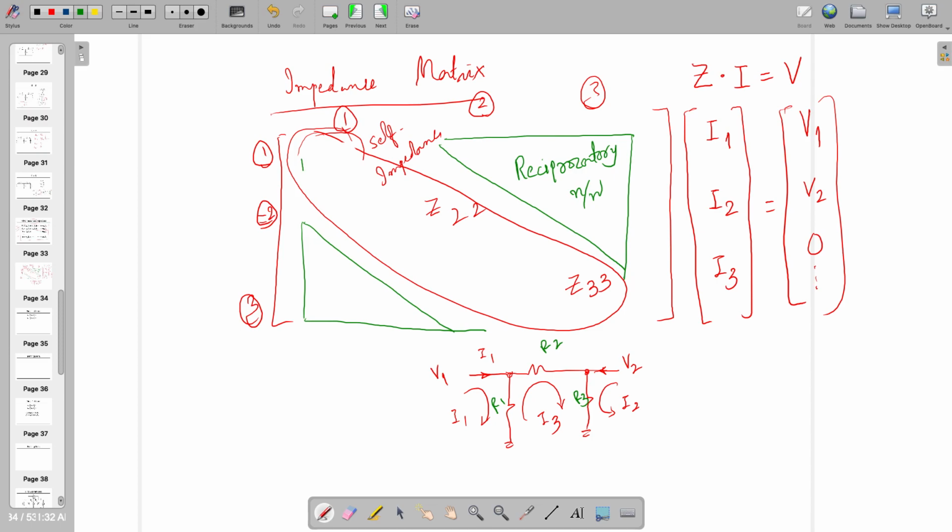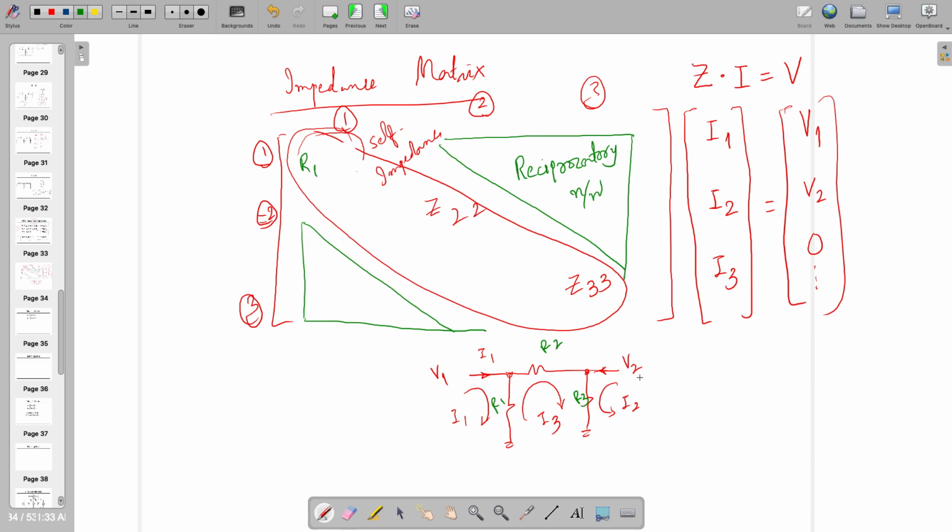So R1 plus R2. Remember, this is not the admittance matrix. If it is admittance, then it has to be 1 by R1 plus 1 by R2. Right? In this loop, oh sorry, only R1. Thank you. Only R1, because in this loop it's only R1. Similarly, you can write down the others.